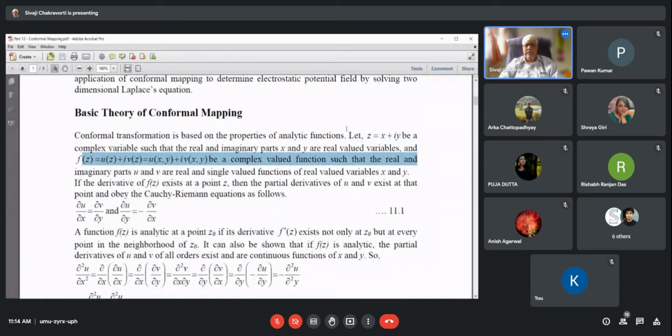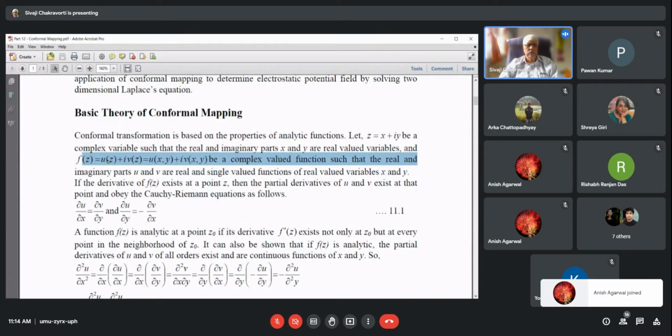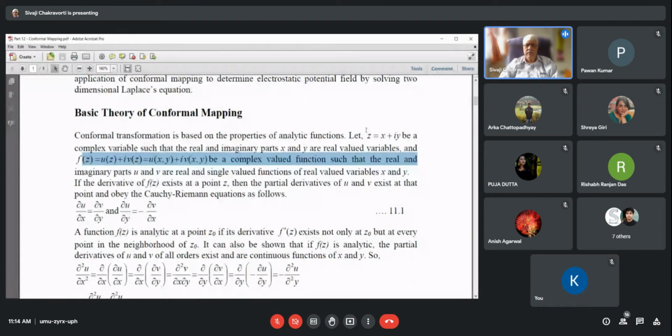That means z is a complex variable. Then f(z) is a complex variable function, which also has two parts, real and imaginary parts, u and v. Whereas z, which is the complex variable, has two parts, x and y, the real and imaginary parts. But this x and y are real numbers.